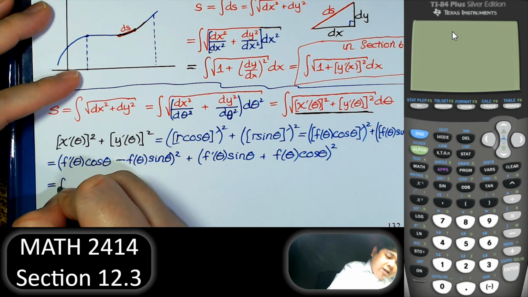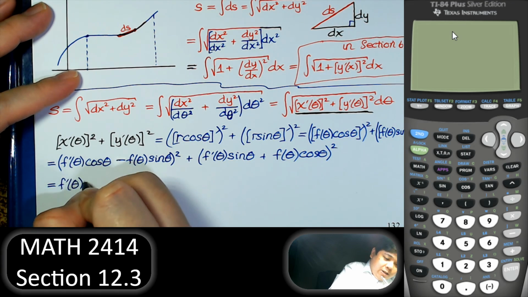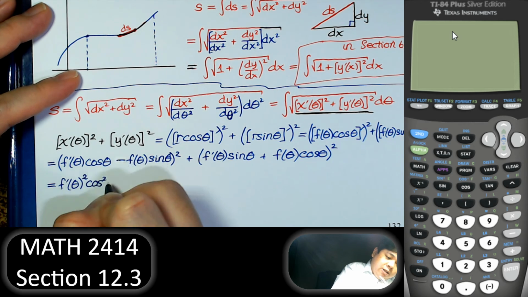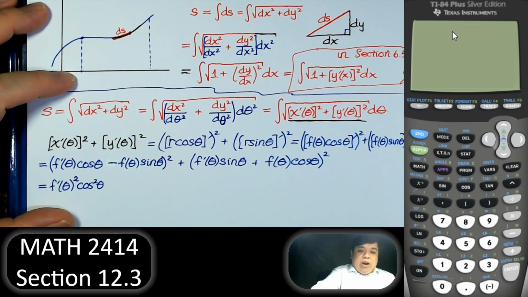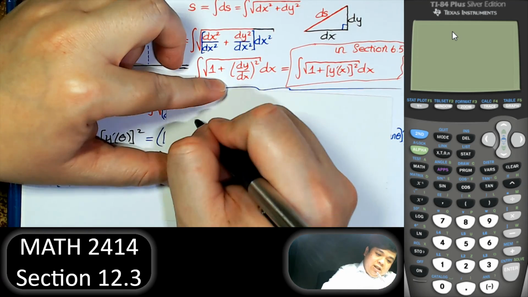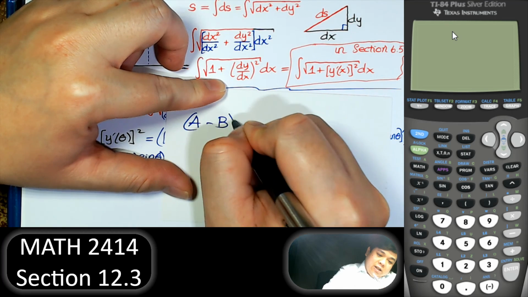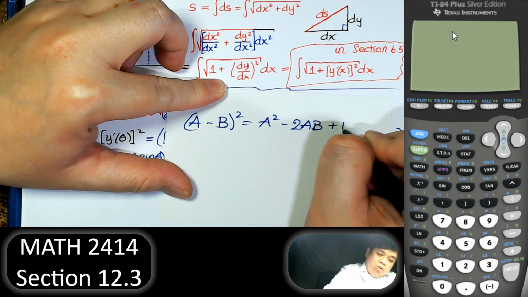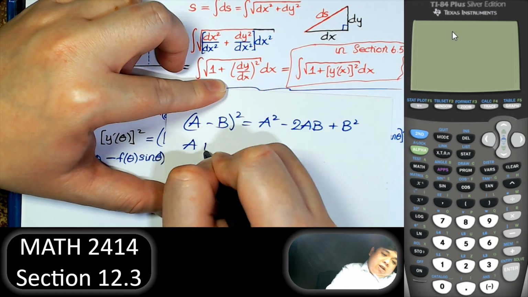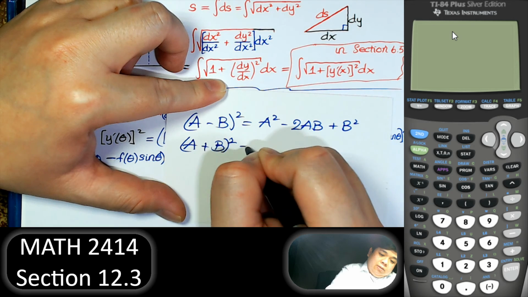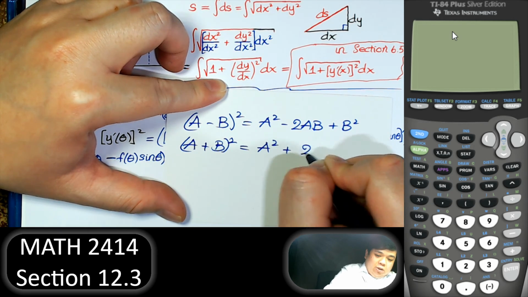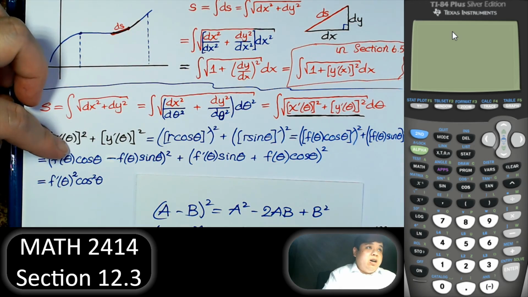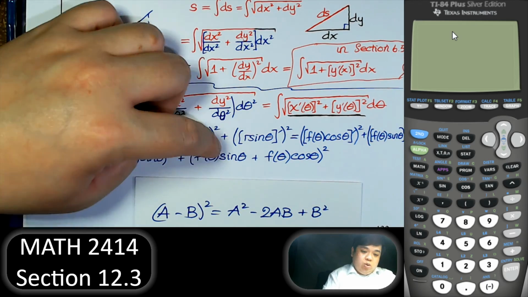Derivative square cosine square. Right. When I multiply them out, a minus b square is a square minus 2ab plus b square, and if it is a plus, a square plus 2ab plus b square. So I've just multiplied out the square of a difference and the square of a sum.